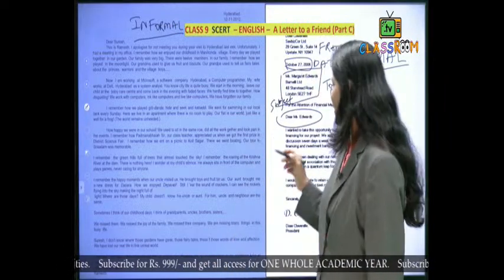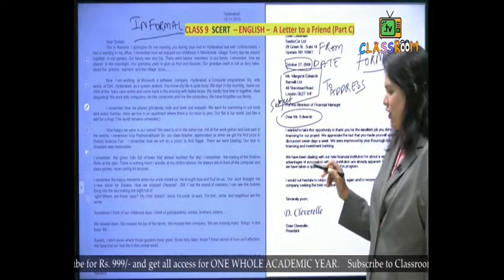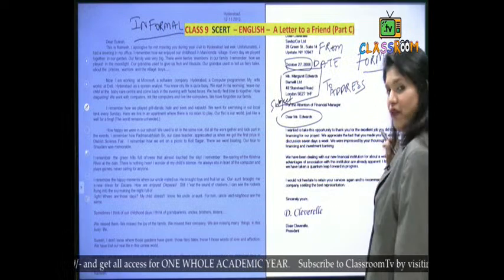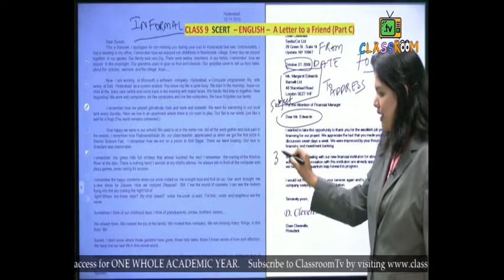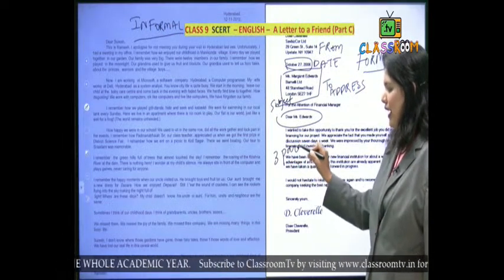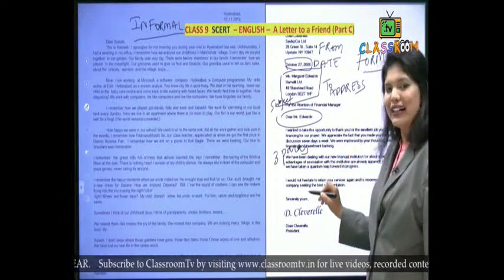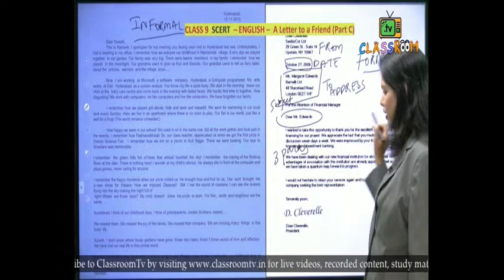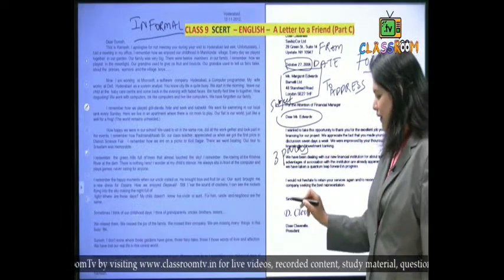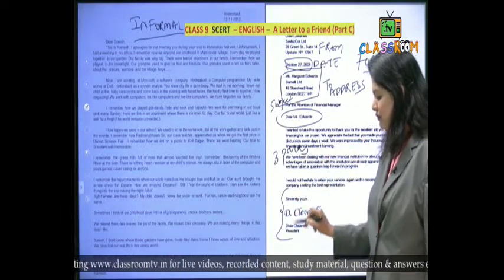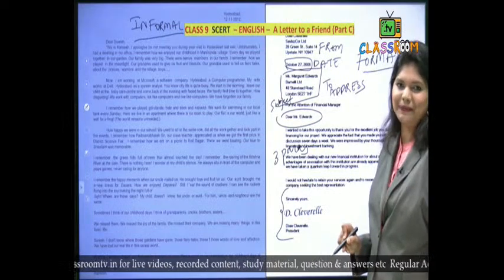Here we have the salutation. Then this is the body of the letter. How many paragraphs do we have? We have 3 paragraphs: introduction, body and conclusion. This is the body of the letter, and then we have the closing statements.